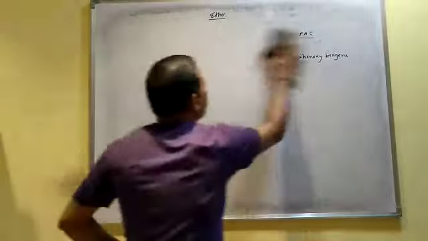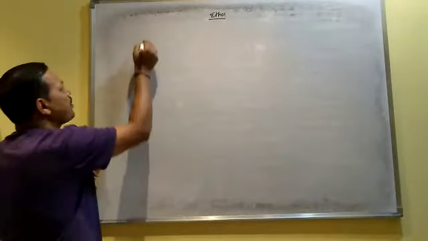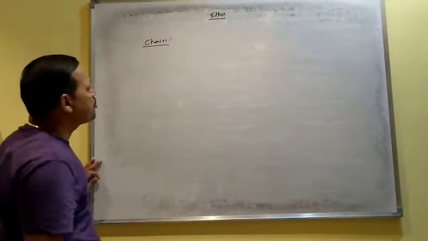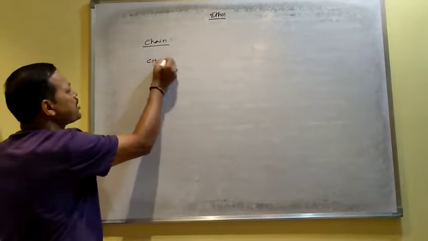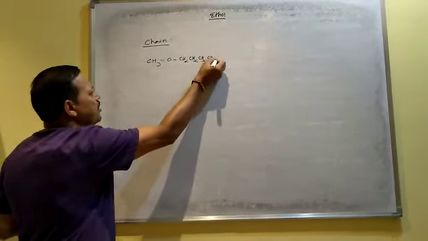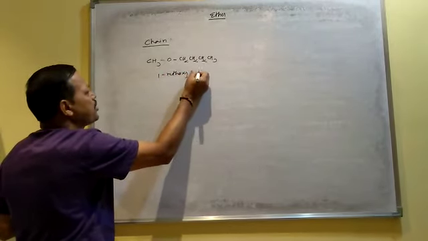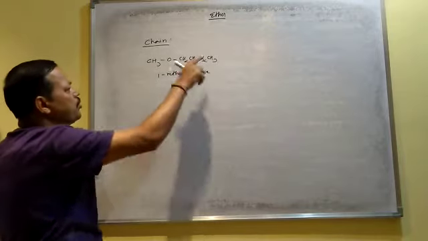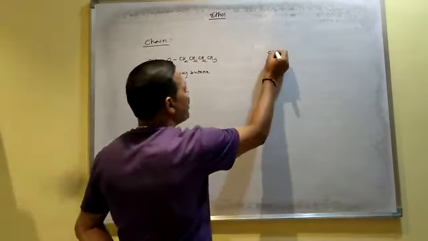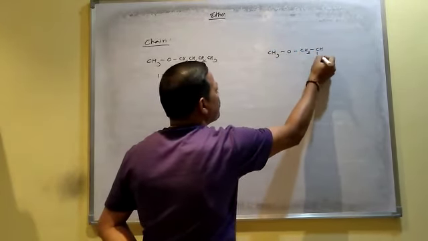Now I will explain the isomerism in ether. Ether can show different types of structural isomerism. It can show chain isomers, for example CH3O-CH2CH2CH2CH3, which is called 1-methoxybutane. So this is one compound which contains 5 carbons total, 1 oxygen, and this compound you can draw like this way also.